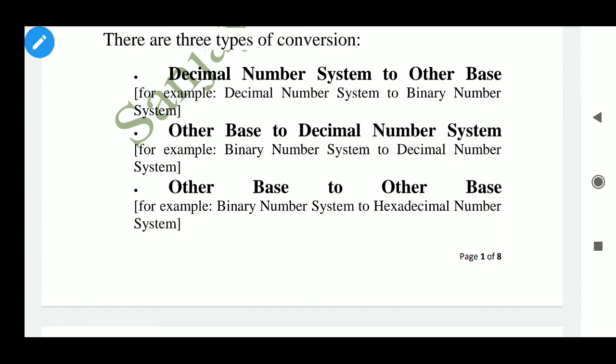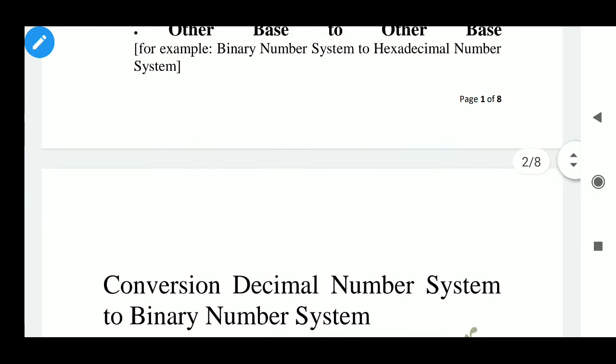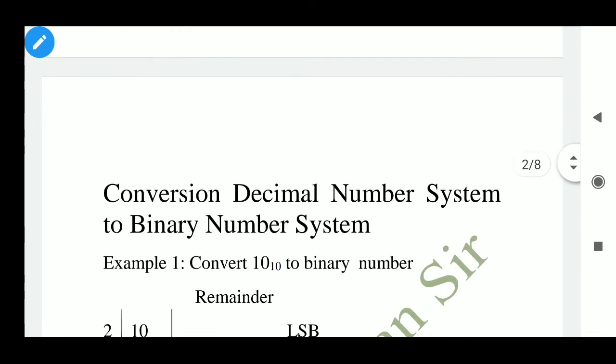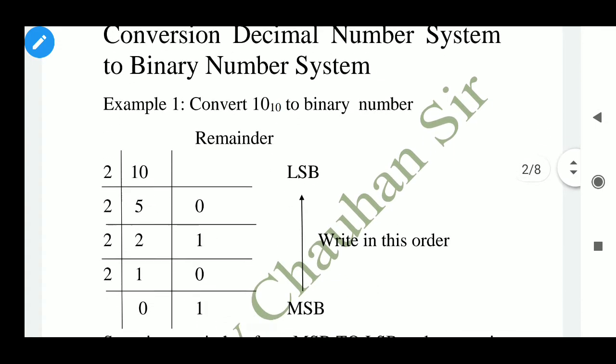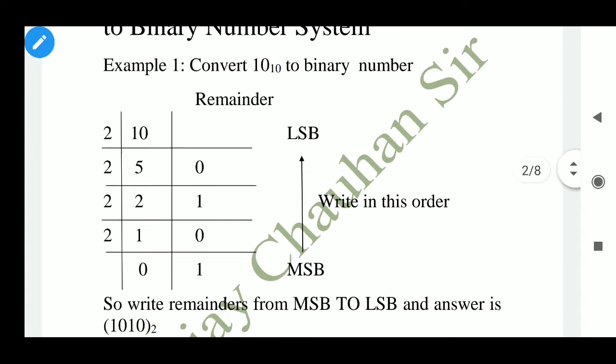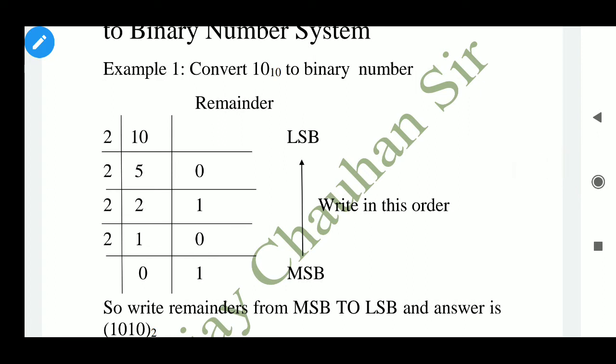So let us start, and it is very easy to understand. Now with an example I will explain how to convert a decimal number into a binary number. See this example: convert 10 base 10 to a binary number.